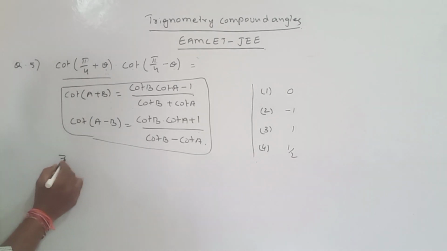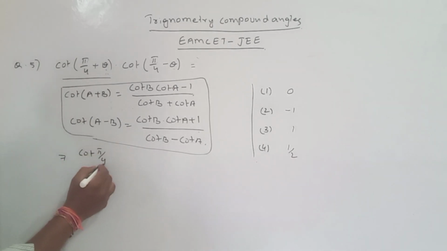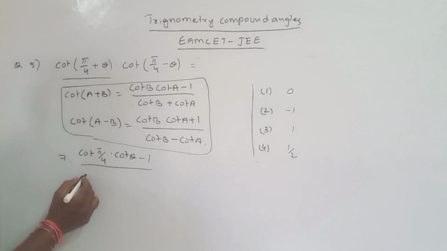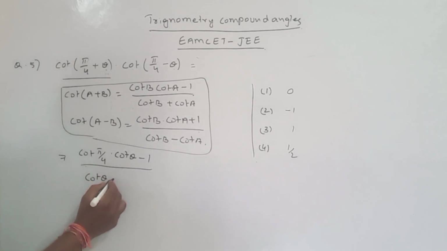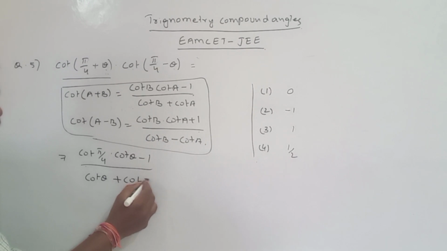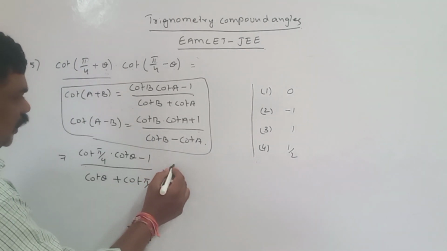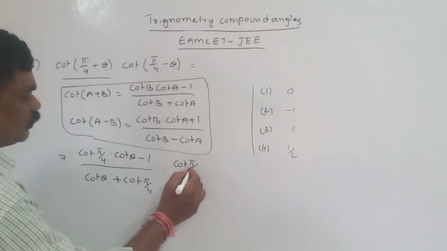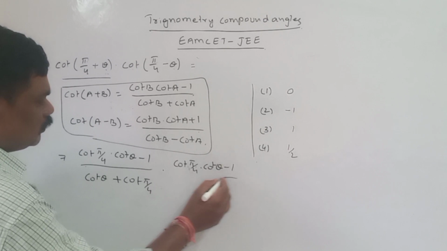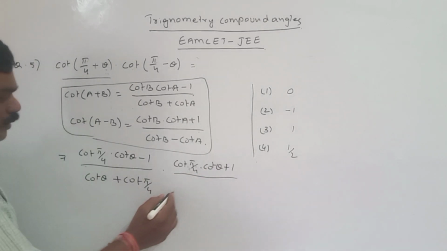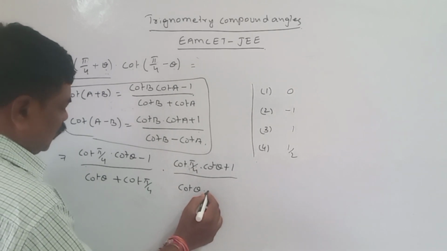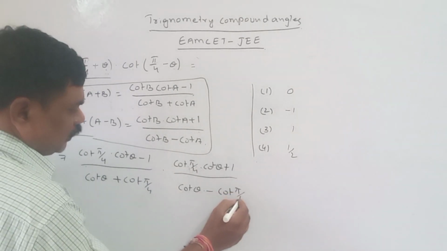Okay, this can be written as cot pi by 4 into cot theta minus 1 by cot theta plus cot pi by 4, into cot pi by 4 into cot theta plus 1 by cot theta minus cot pi by 4.